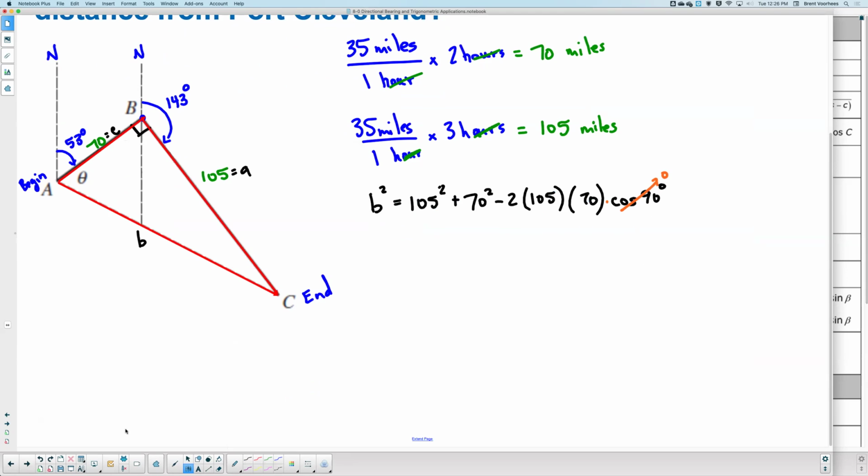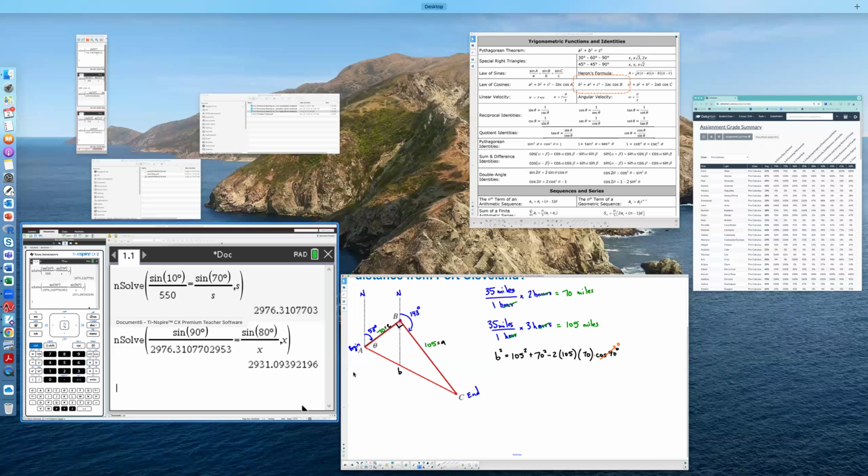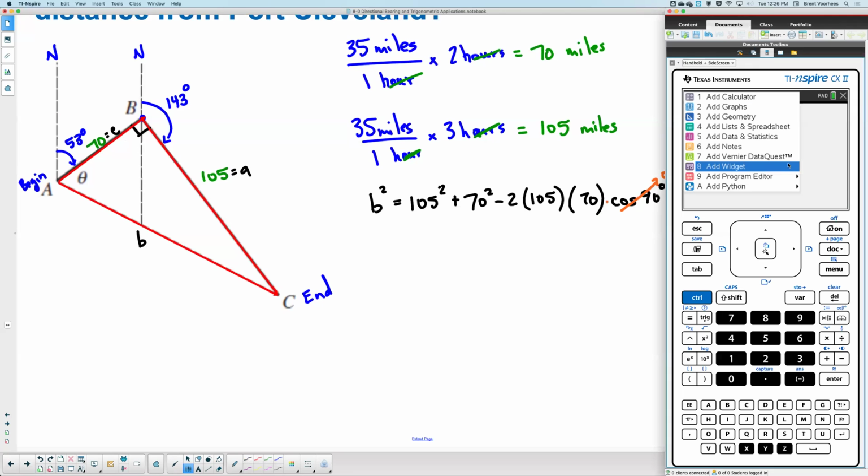So here we go to solve this. Now I cleared that out. Menu 3(1) will be b squared equals 105 squared plus 70 squared.